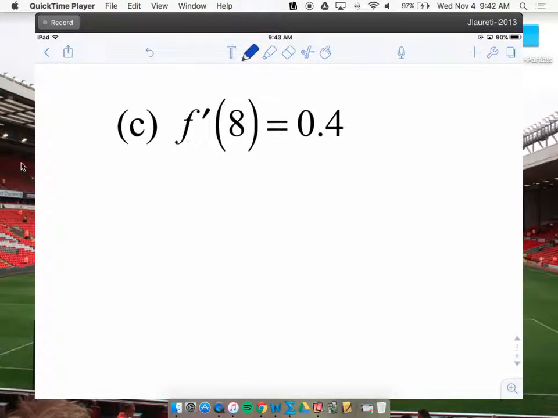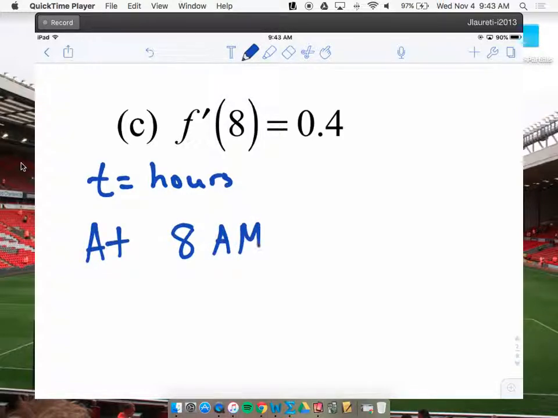Okay, so it says f prime of 8 is equal to 0.4. So again, now we're going back up to the first graph. So the 8 represents what? Right, so 8 hours would be at what time? So at 8 a.m. Now we are talking about the rate of change of the rainfall.